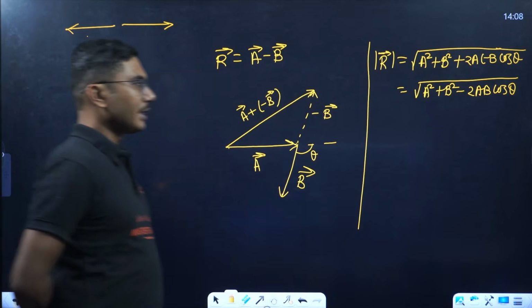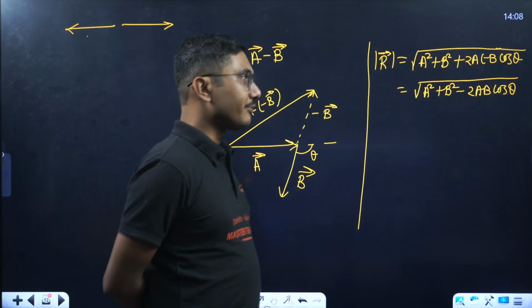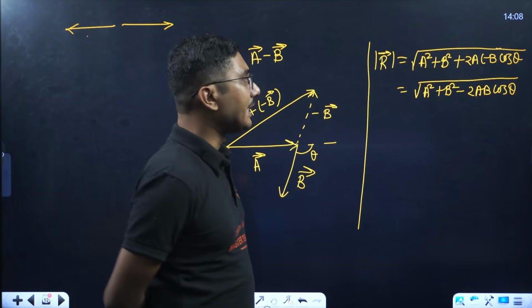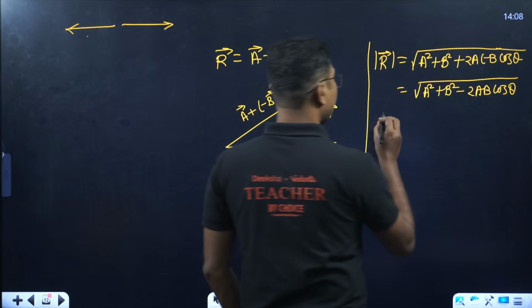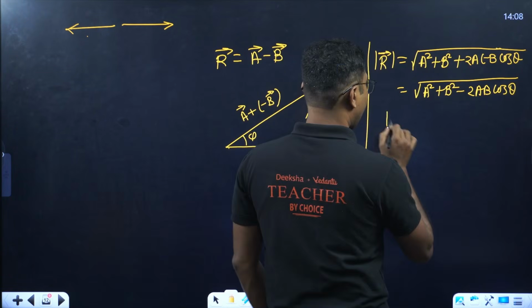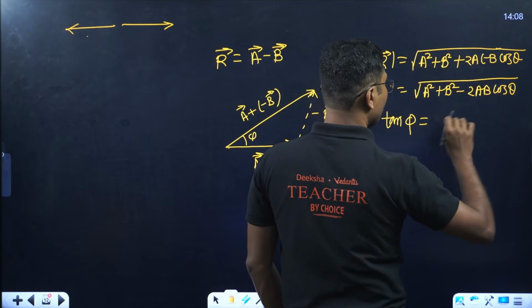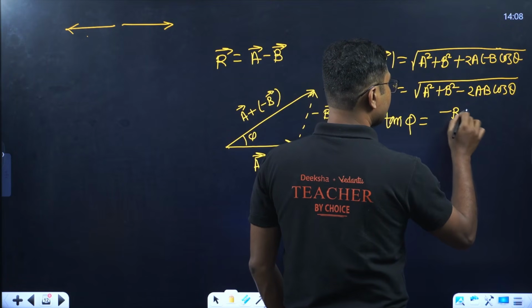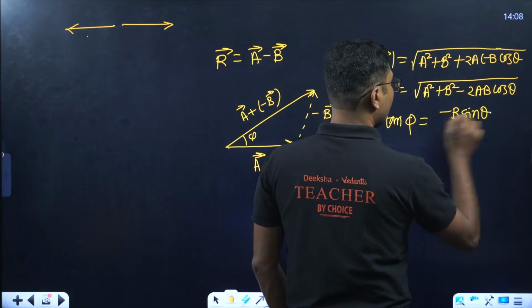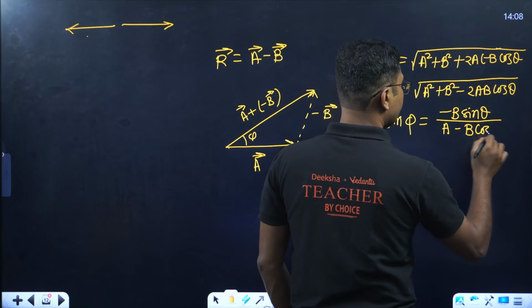You need to remember that whenever you are adding two vectors, the resultant is A square plus B square plus 2AB cos theta, and the resultant's angle, say phi, tan phi equals minus b sin theta by a minus b cos theta.